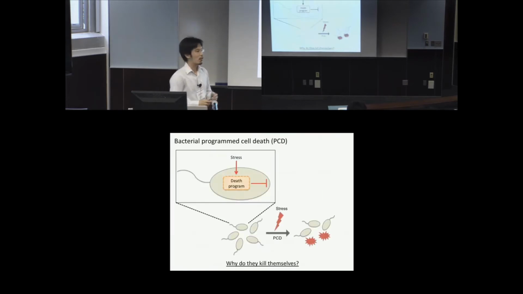First, let me explain what I mean by bacterial programmed cell death. I simply mean that there's some genetic death program that responds to an environmental stimulus or stress, and it executes its death program to cause cell death in bacteria.